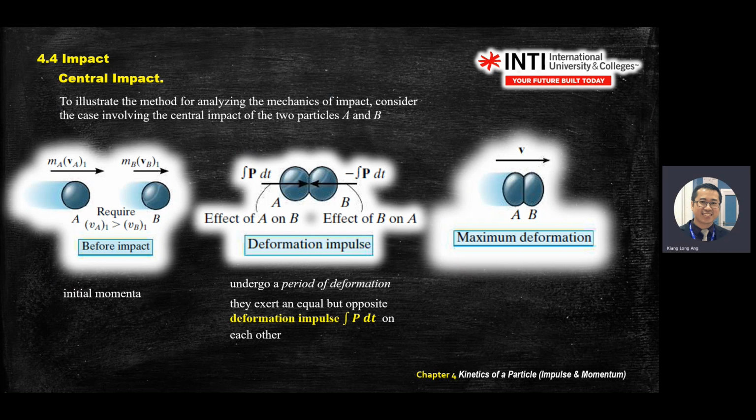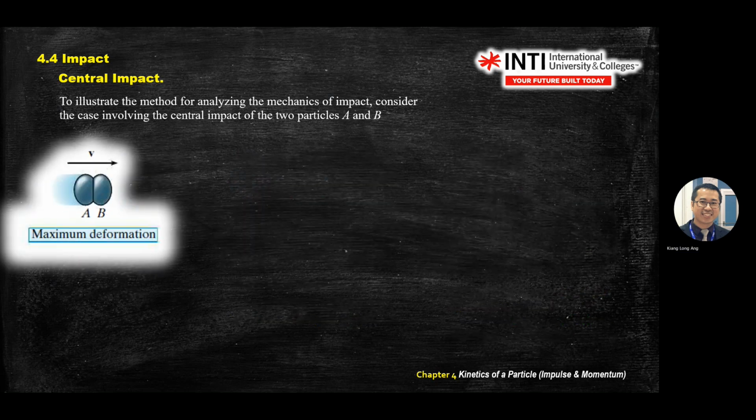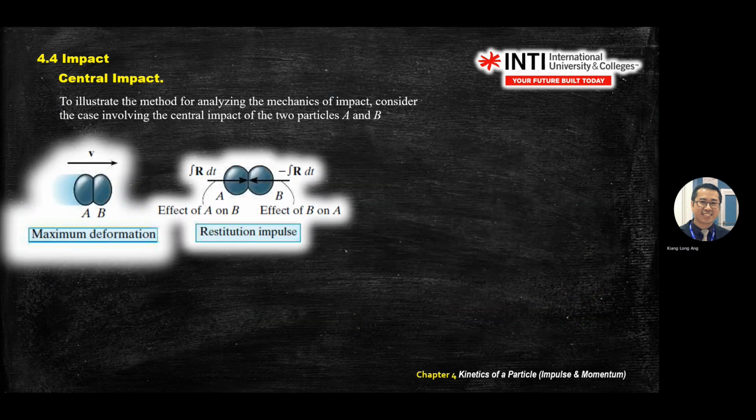Then, after deformation, something will happen. After deformation, they will split away, because we're dealing with particles. After maximum deformation, they do not join together; it will deform maximum, and then it will repel.